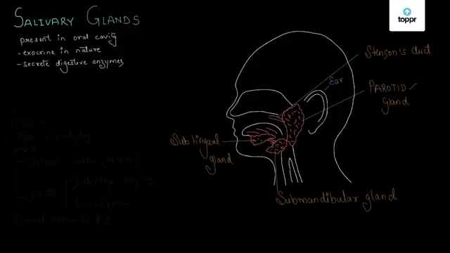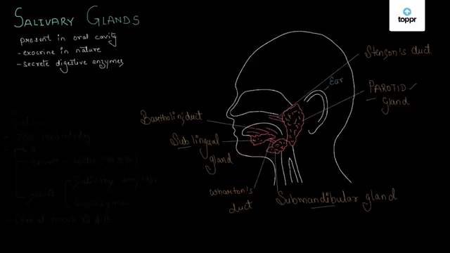Similarly, the duct for the submandibular gland is called the Wharton's duct. Okay, this is the Wharton's duct. And lastly, the ducts for the sublingual glands are called Bartholin's duct. Okay, so these are the Bartholin's ducts. Now we have seen the 3 salivary glands.